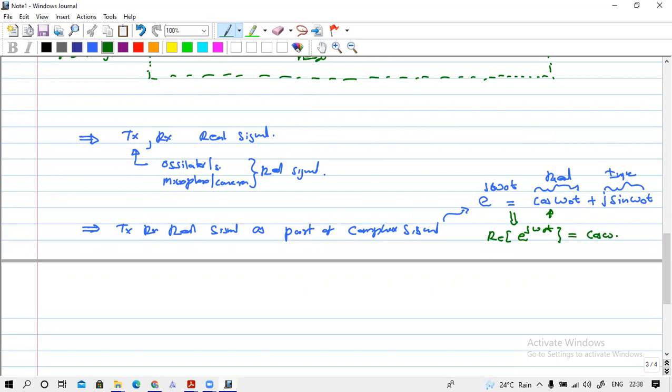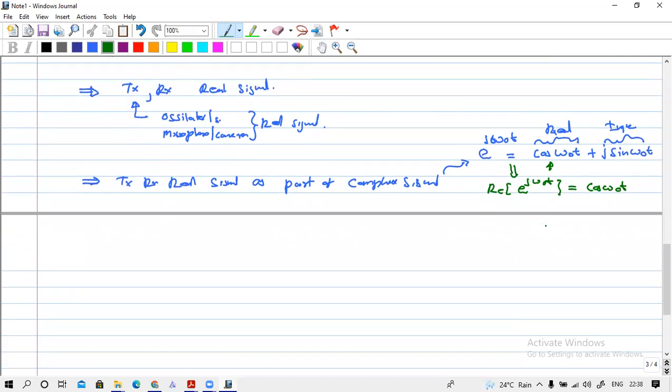Likewise, we can represent some real signals as part of a complex signal. This model is called the complex equivalent transmit or receive signal model.